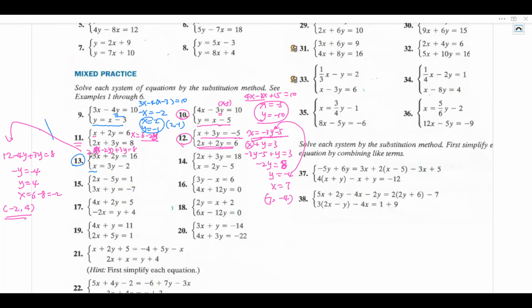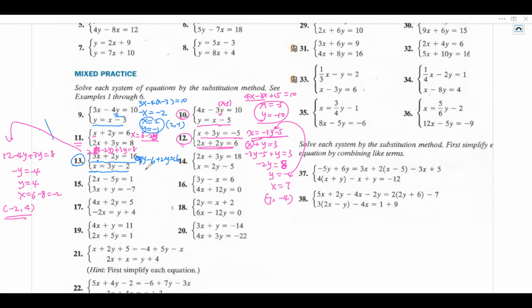So for this part, this is a system. x equal 3y minus 2 already, right? So substitute this x with this one. So we can transform this expression to have only one variable, right? One variable. So 3 times 3y, so we get 9y minus 6 plus 2y equals 16, right?